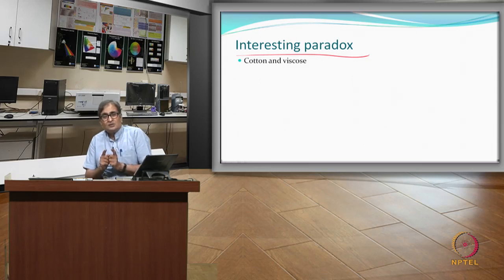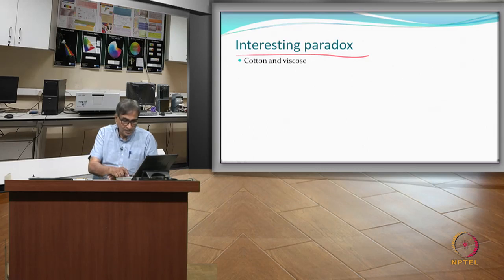Wetting process basically means some of the intermolecular hydrogen bonds have broken in the wet condition. So, theoretically everything should become weak, but the cotton becomes stronger, the viscose becomes weaker. Interesting. And so, how does one explain all this? This is the paradox.